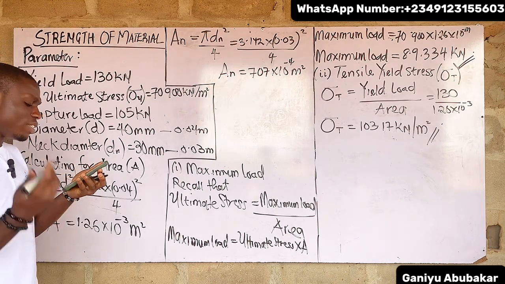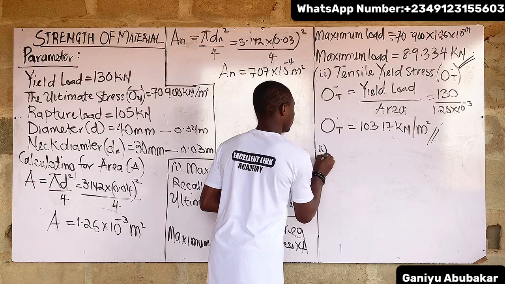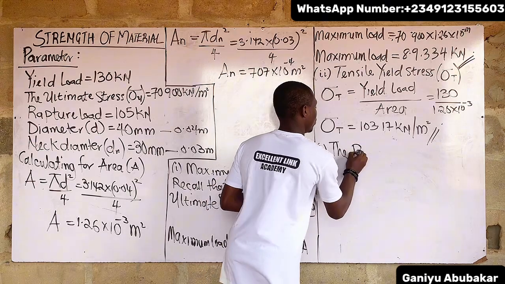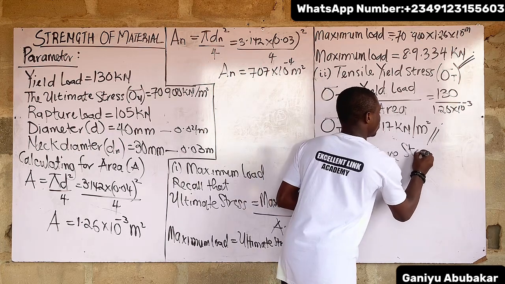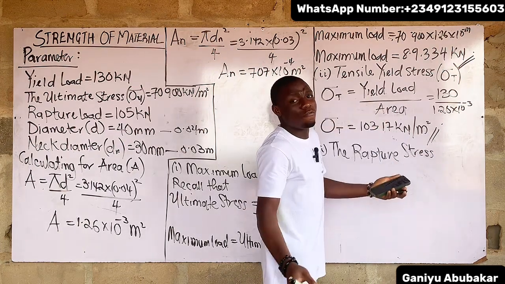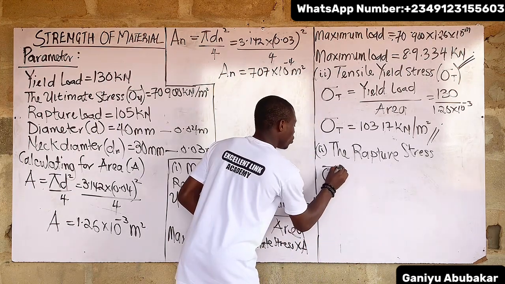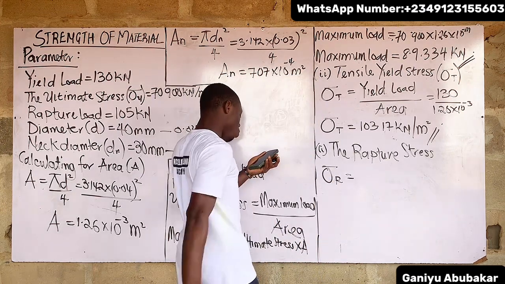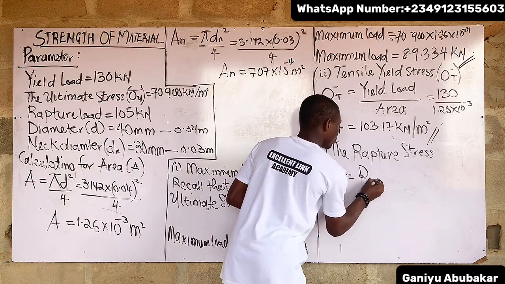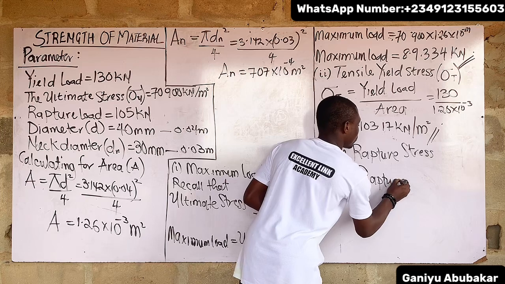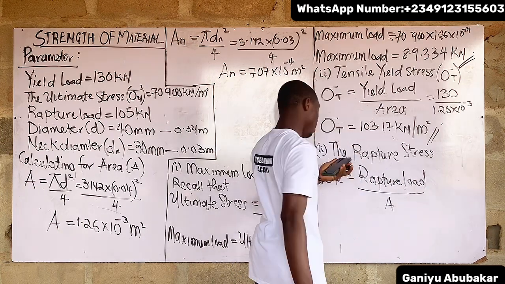The third question says the rupture stress. We know that stress is force over area, right? So let me call it rupture stress sigma R, equal to rupture load all over area.